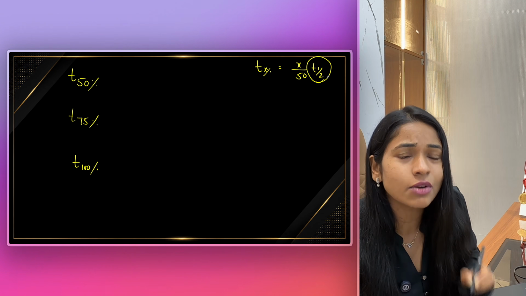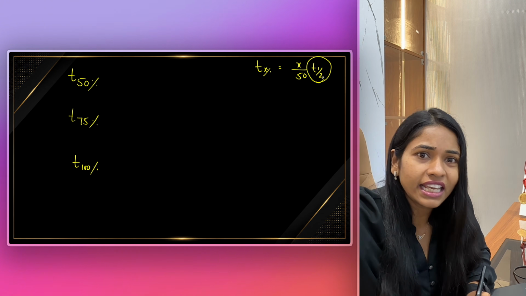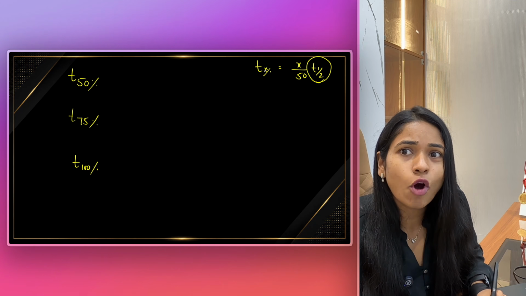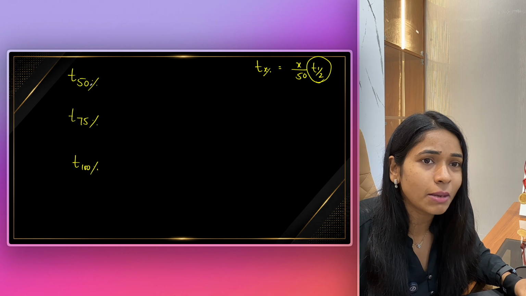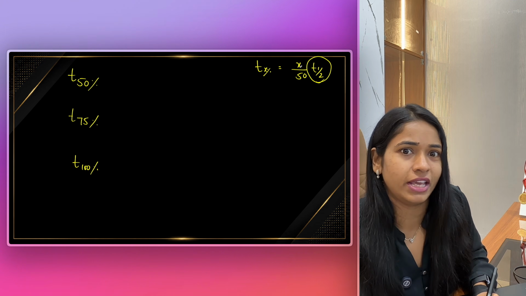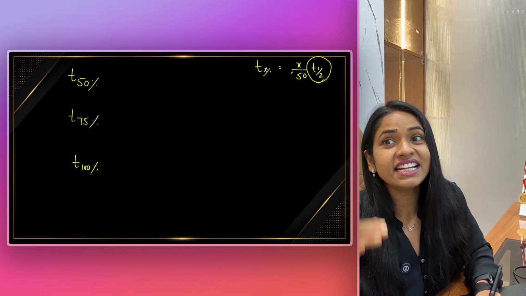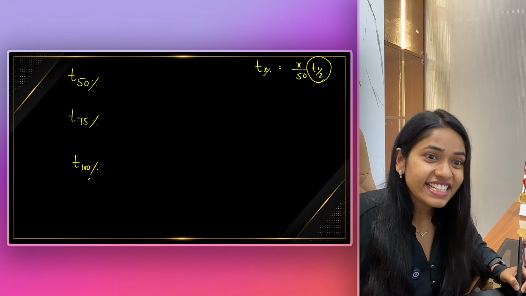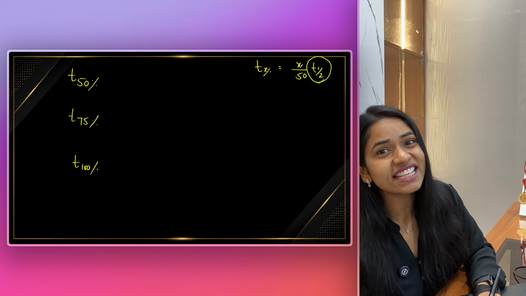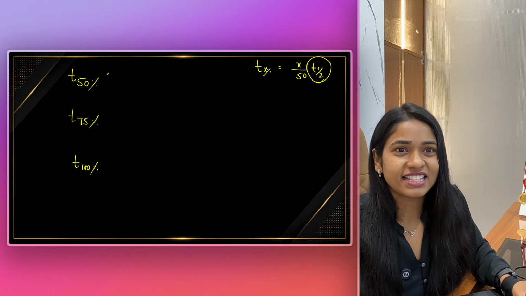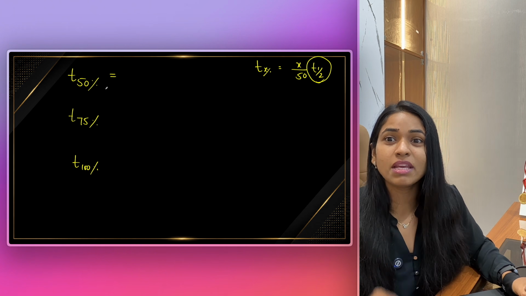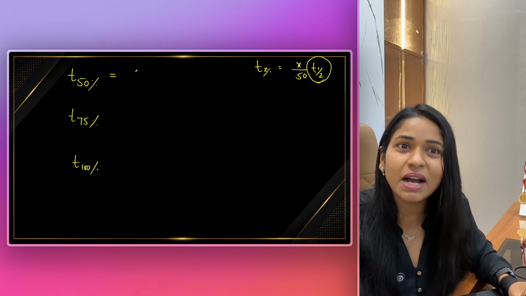Half-life will be given in the question. Directly put the T half value. Whatever x is: if it is T 50%, the x value is 50; T 75%, the x value is 75; T 100%, the x value is 100. That's it.